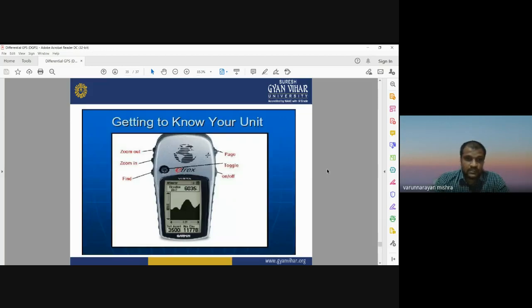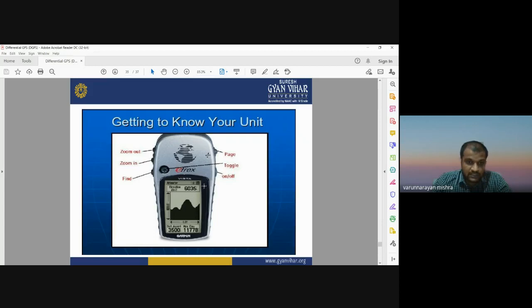So this is a simple Garmin GPS that has different parts. Here is a button for zoom in, zoom out. There is a button for find, a page button, a toggle button, and the on and off button is here. It has a display, which will show you the elevation, latitude, longitude, coordinates, and everything.